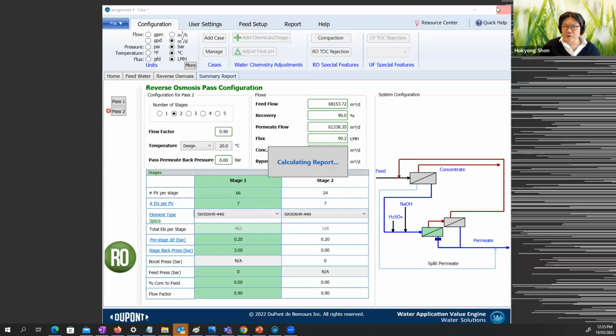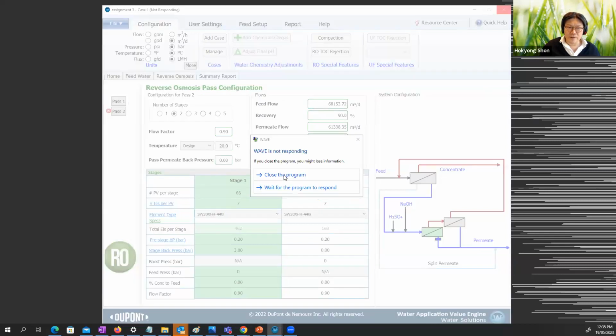So in this case, you have to completely close your software. And I will open our previous example, and then how this is different from his calculation, and then example design, and then we will see how we can fix his calculation. So Wave is not responding from software.